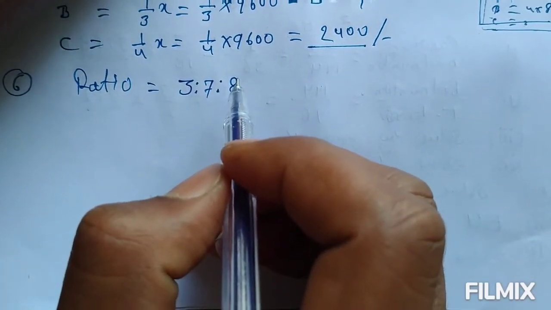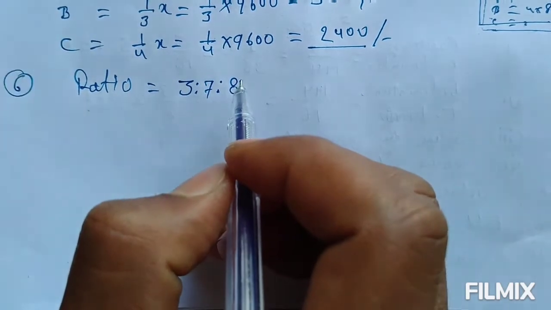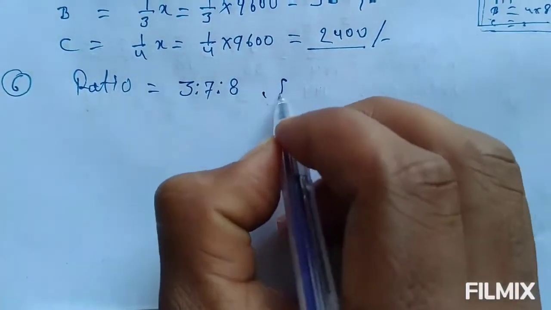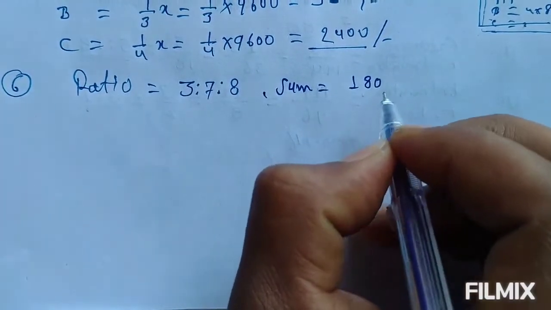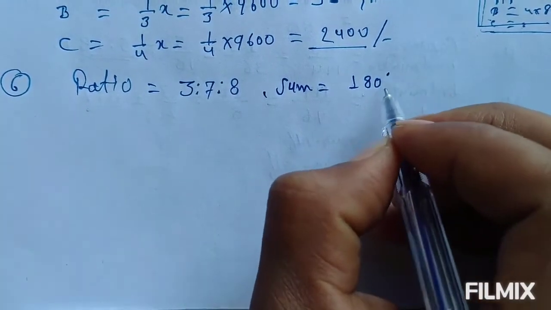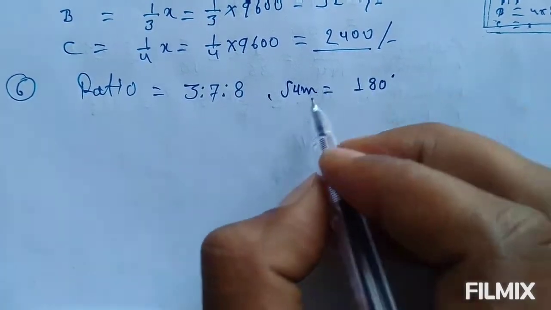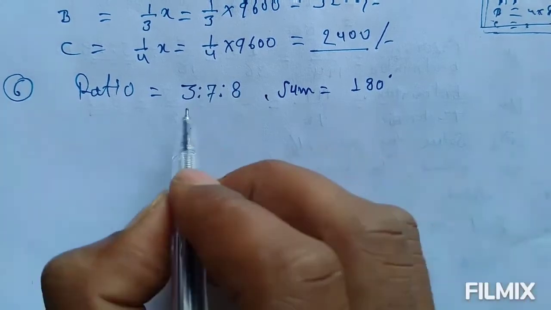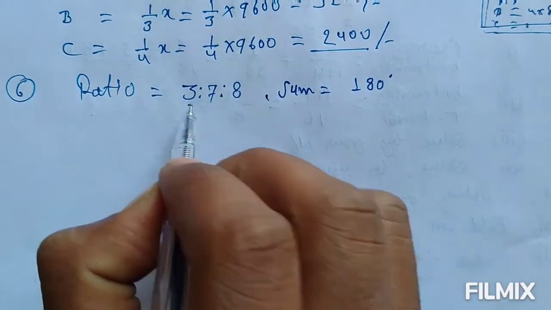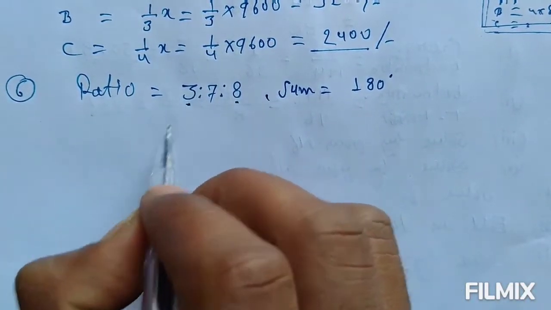And you know the sum of all the 3 angles is 360 degrees. Means the sum of angles is 180 degrees, not 360. That is the sum for a quadrilateral. The sum of all the 3 angles of a triangle is 180 degrees. Now this is the smallest angle, this is the greatest angle.